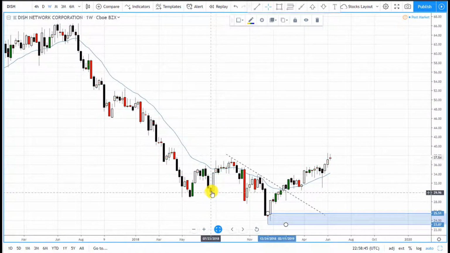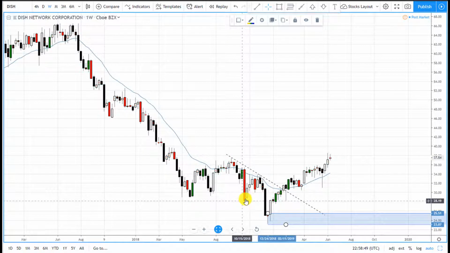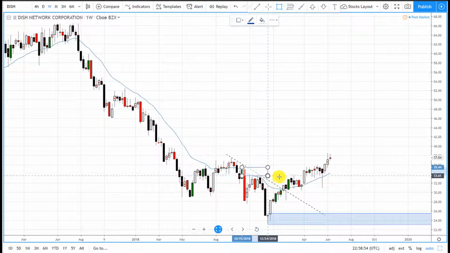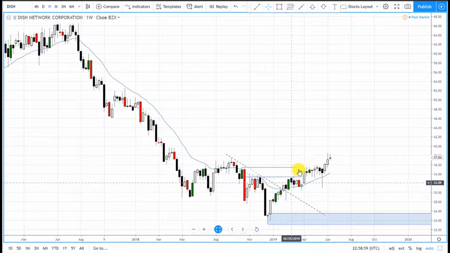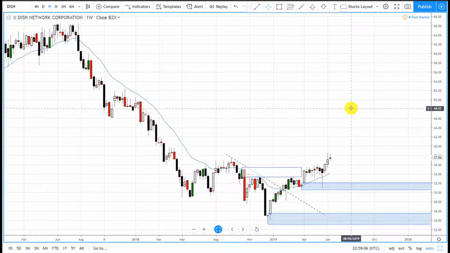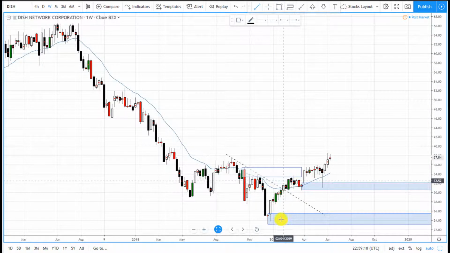That's why price dropped and then rallied, and then it dropped again. So I would say that supply is right here. So then this is demand. That's demand, and the trend is an uptrend.